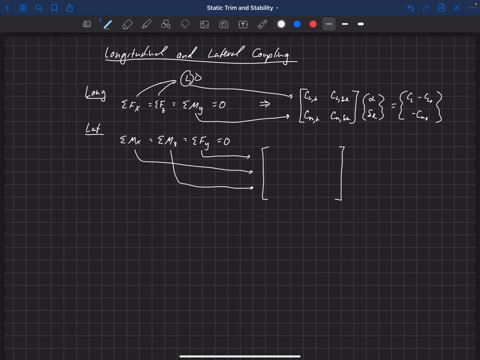And the three variables we looked at there were our side slip angle beta, our delta A, and delta R. And that had to be equal to the negative of the weight coefficient times the sine of our bank angle, and then plus any forces and moments due to the propeller or propulsion system.